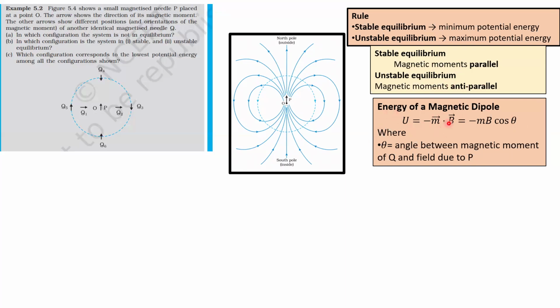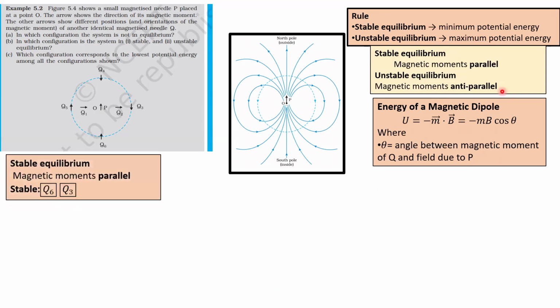For unstable equilibrium, they are anti-parallel. So theta is 180, cos 180 equals minus 1, so energy becomes plus mB. So unstable equilibrium is plus mB, stable equilibrium is minus mB. In other words, stable equilibrium has minimum potential energy and unstable equilibrium has maximum potential energy.